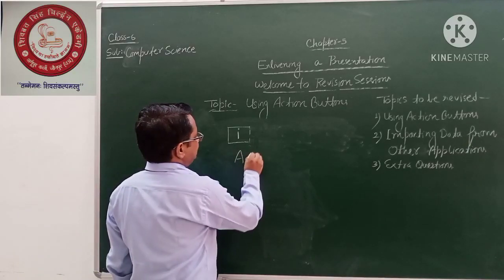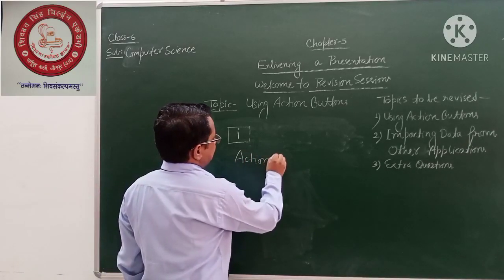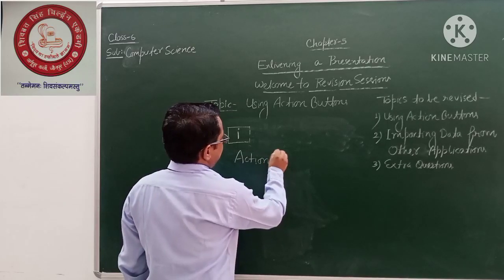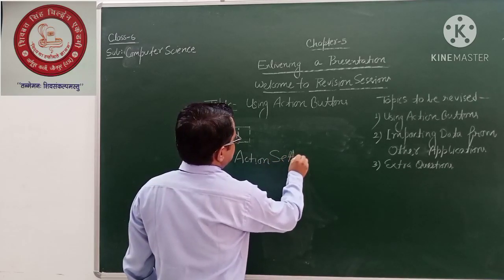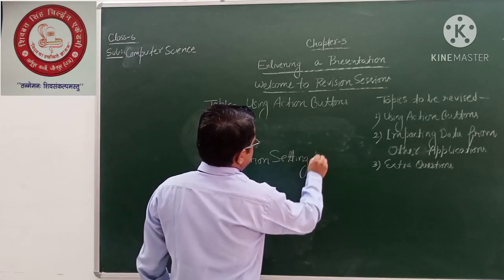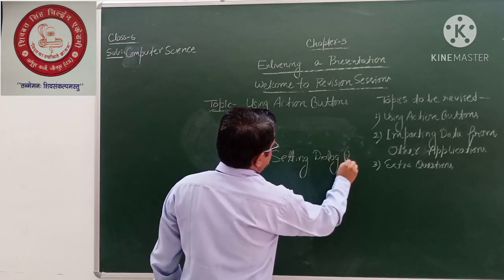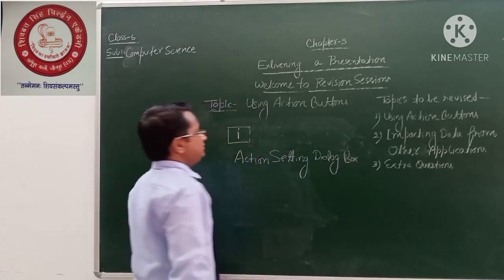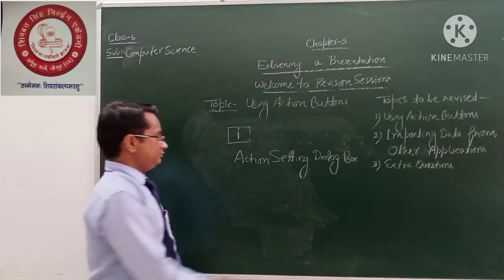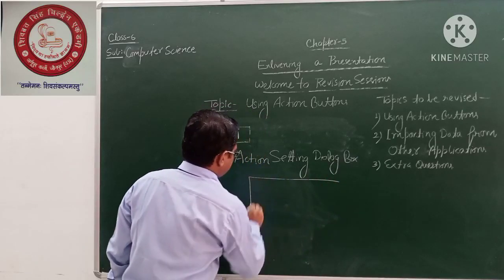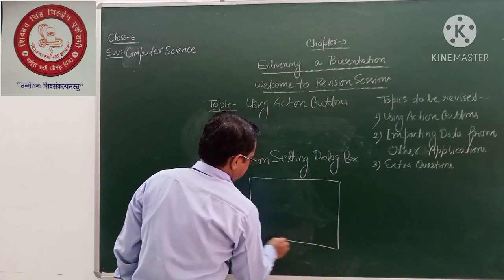The name of that dialog box is the Action Setting dialog box. Suppose this is your Action Setting dialog box.